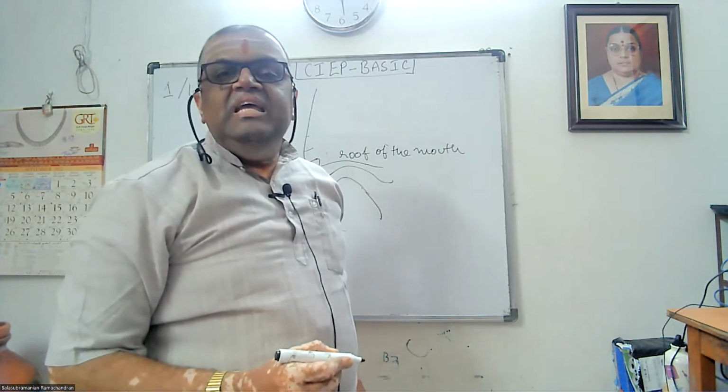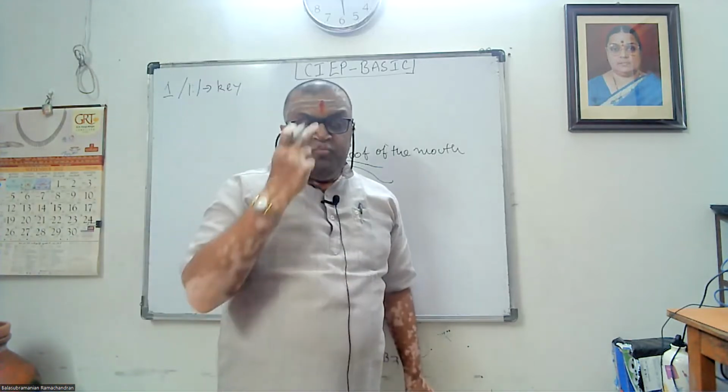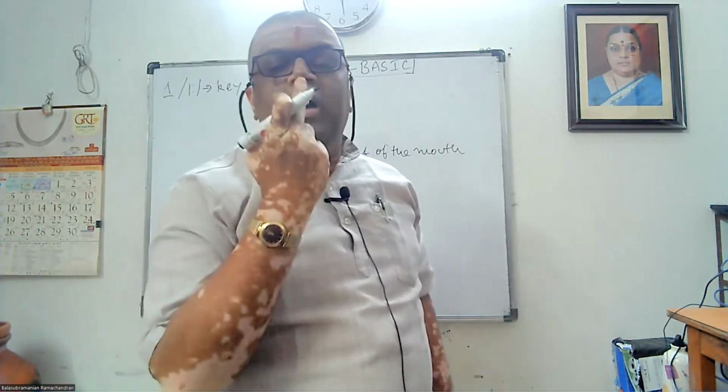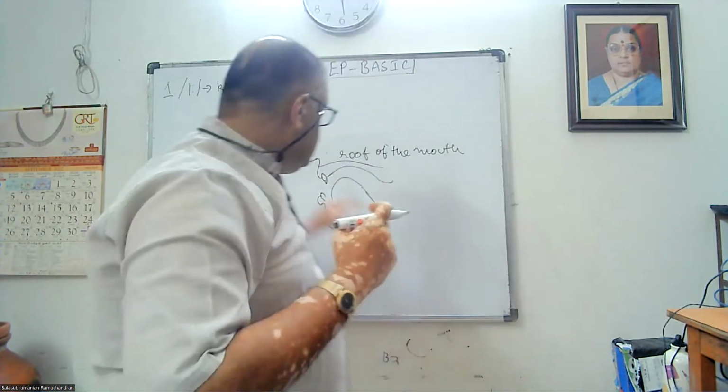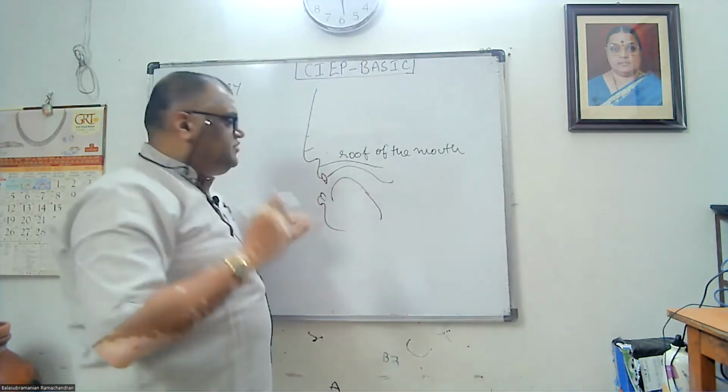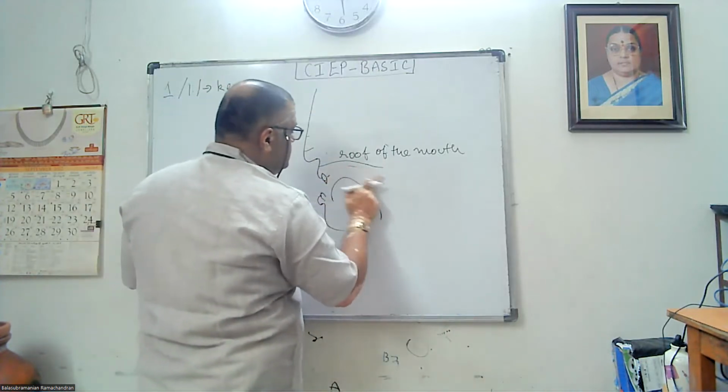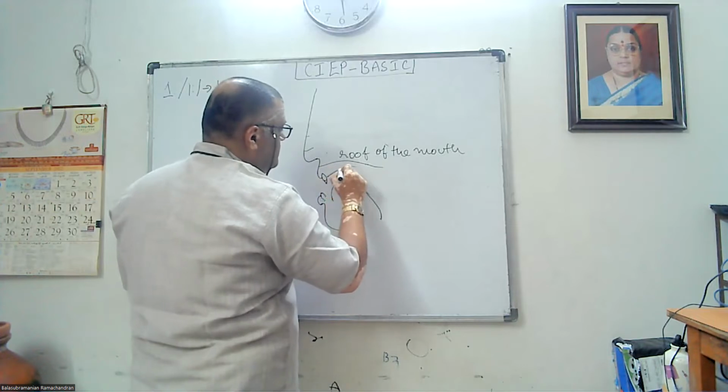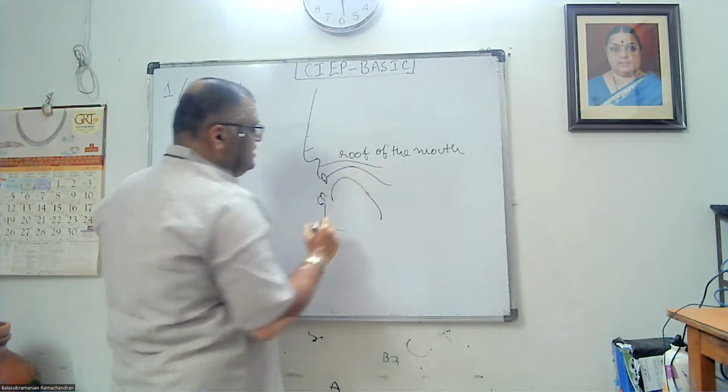E. Let me give you a small experiment. If you allow the tongue to go up, your tongue will go and hit this part of the roof of the mouth. Is this clear?